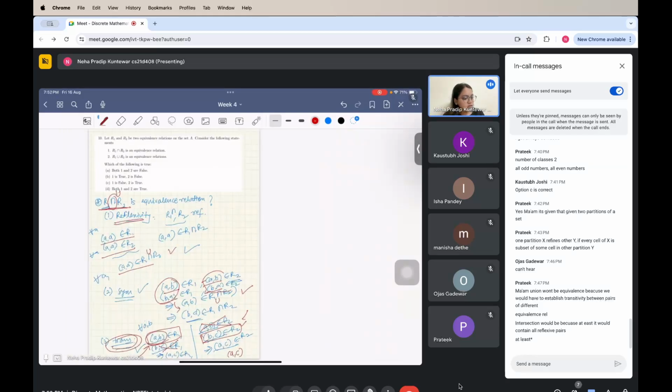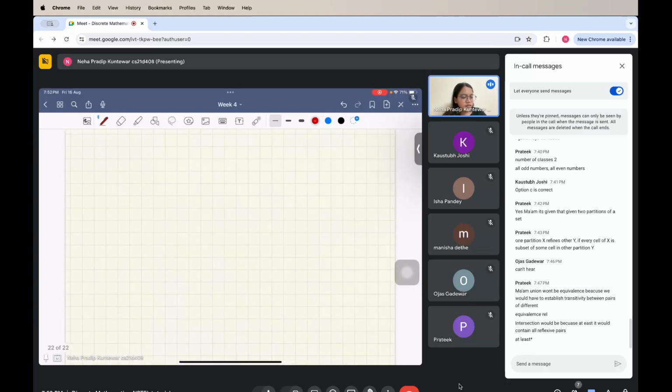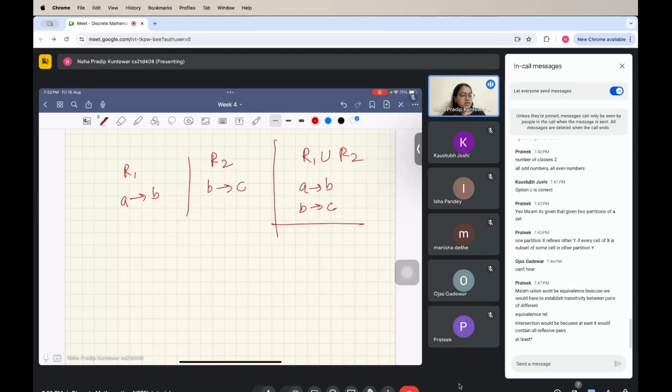So I'll give you an example. Let's say R1 has that A is related to B, R2 has that B is related to C. So in R1 union R2, you have A is related to B and B is related to C. But does this mean that A is related to C? Yes, exactly. So this is not there.